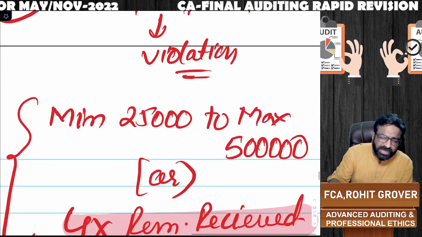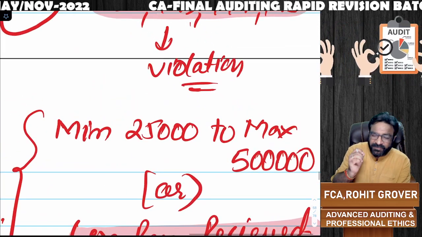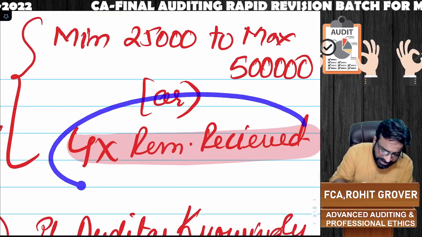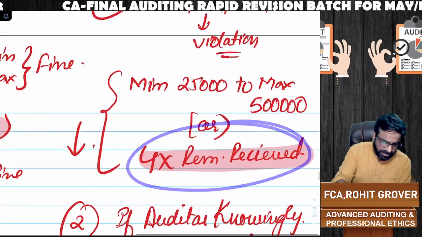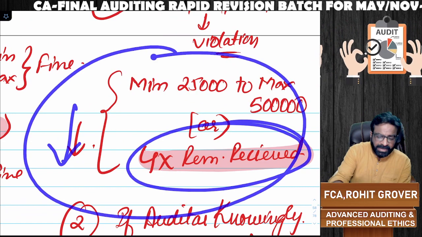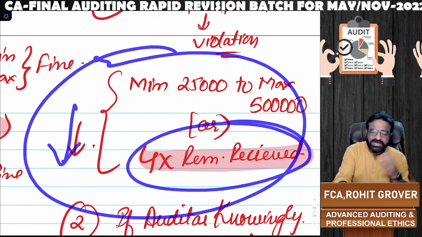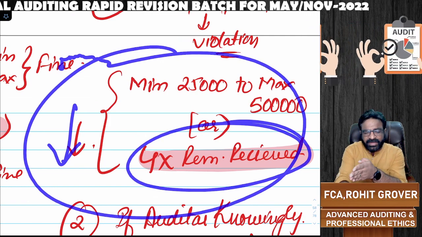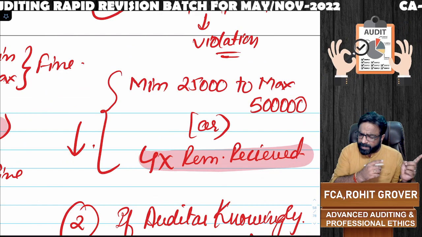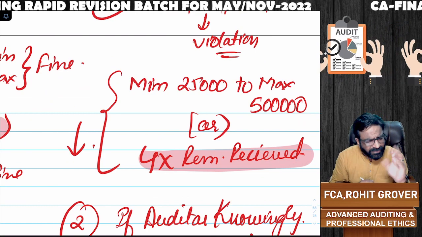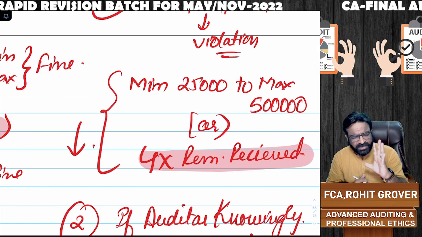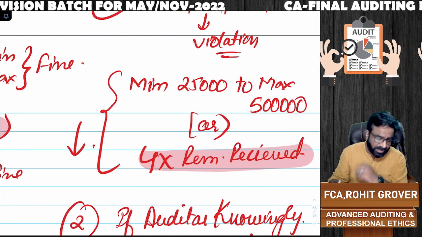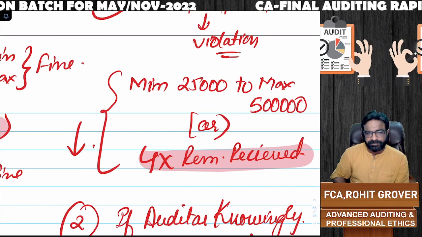Minimum fine of 25,000, maximum fine of 5 lakh rupees, and this fine amount will be compared with 4 times the remuneration received, whichever is lower. So this is the penalty if the auditor violates section numbers 139, 143, 144, 145. The auditor's penalty is the same as the company's, the upper part. Minimum 25,000 of fine, maximum 5 lakhs of fine. It will be compared with 4 times the remuneration you have received as an auditor, whichever is lower.